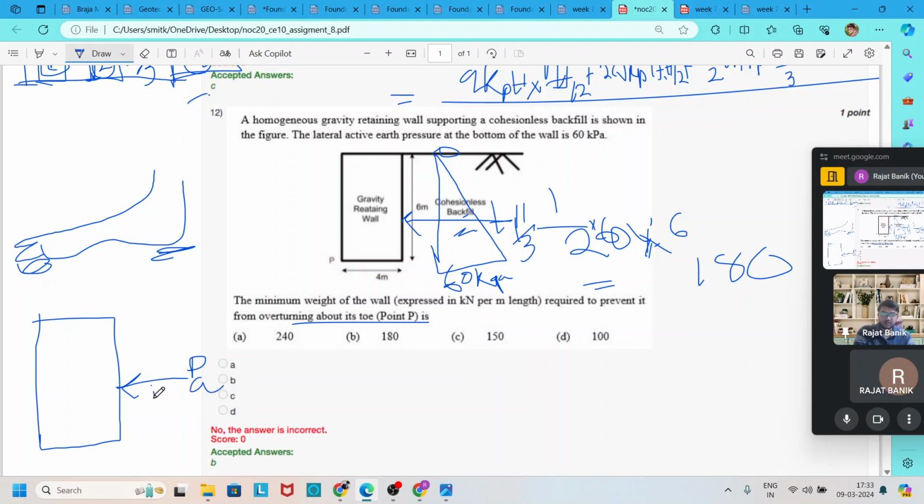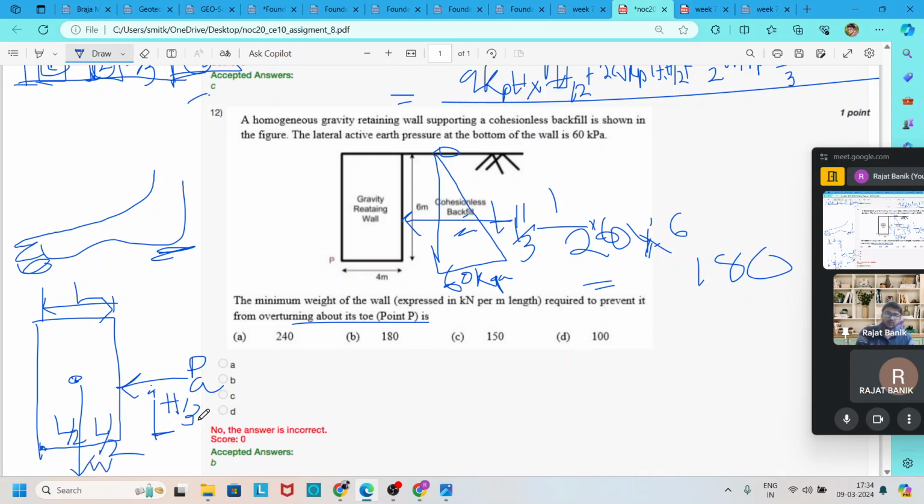Also, we know that the weight of the wall acts through the CG, which divides the width L of the wall into L by 2 equal parts.